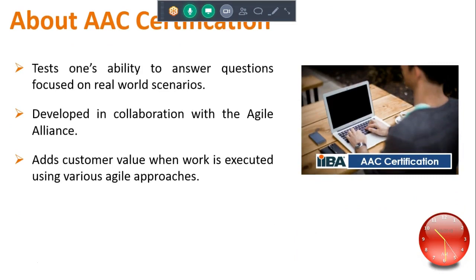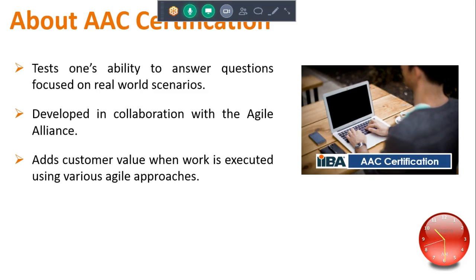The interesting thing on this slide is that this represents a collaboration between the Agile Alliance and the IIBA.